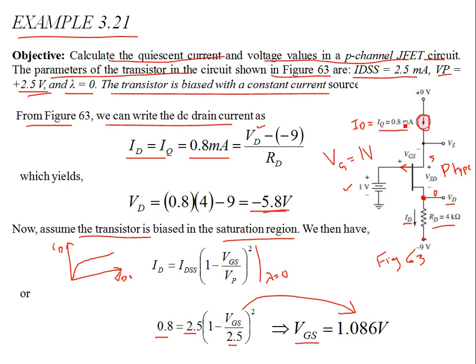Our assumption that this biasing constant current source is the saturated current of the transistor is correct. So it means that the voltages we have found out, VD and VS, assuming the transistor is in saturation, are correct.